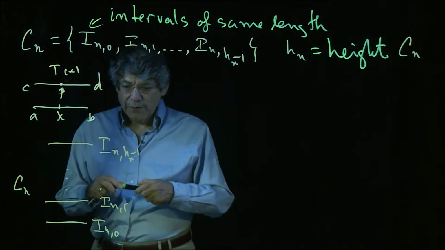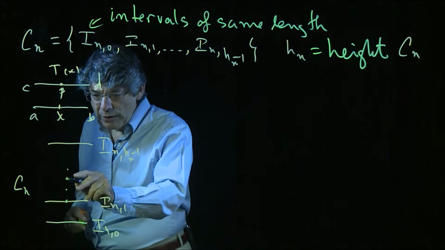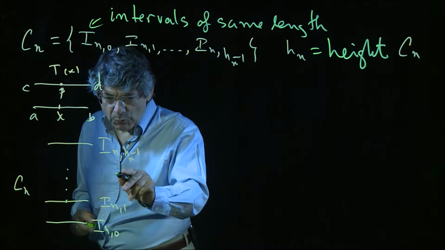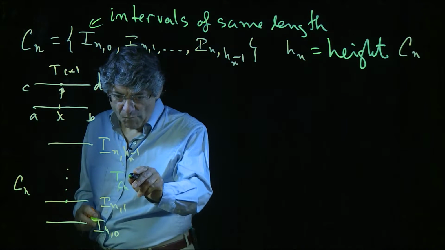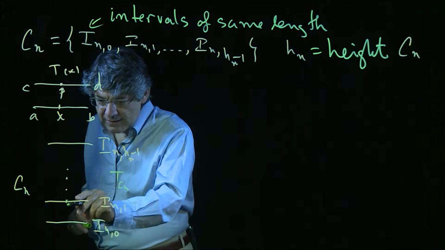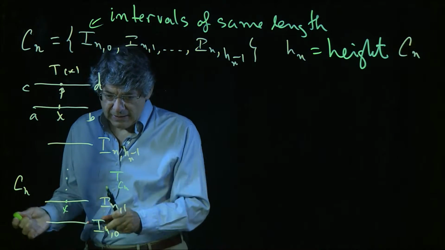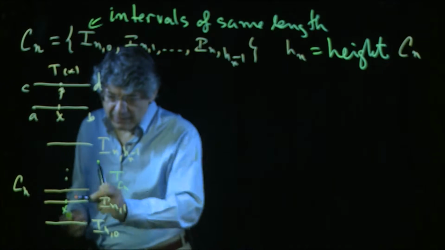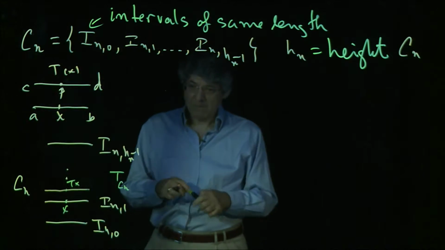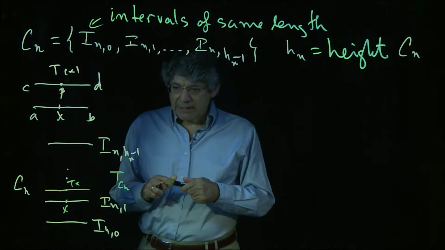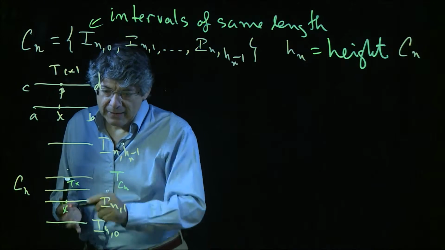Note here now that given any point anywhere in the column, say here, we have a map that we will call T sub Cn, and there's a unique map that sends the point x to the point in the level above it. So here, I will draw the next level, and T of x is a point in the next level. The interesting thing is that we can already see that we can iterate this.